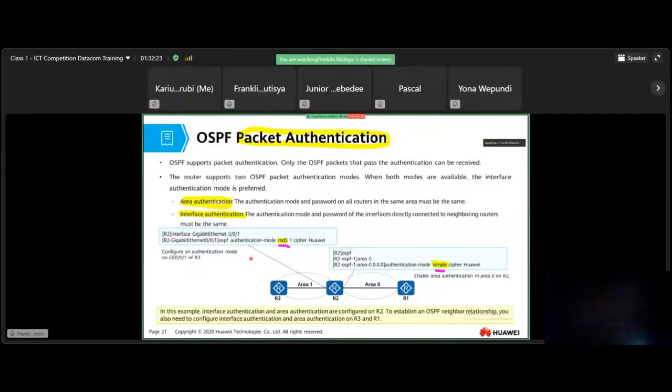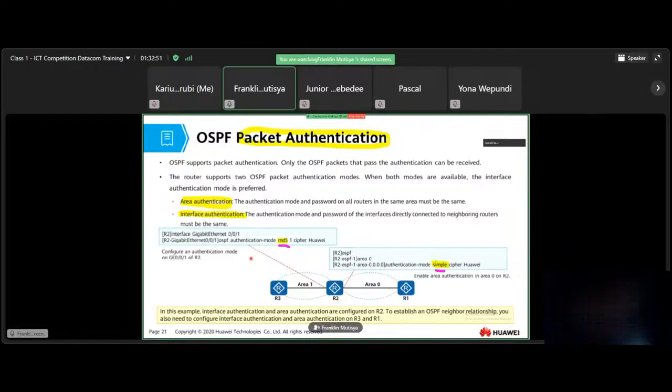This authentication mode uses a password on all routers that belong to the same area. So the routers in the same area have to utilize the same password for them to be able to communicate with each other. We can also implement OSPF authentication on the interfaces.